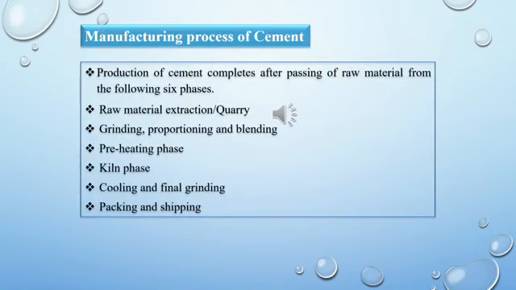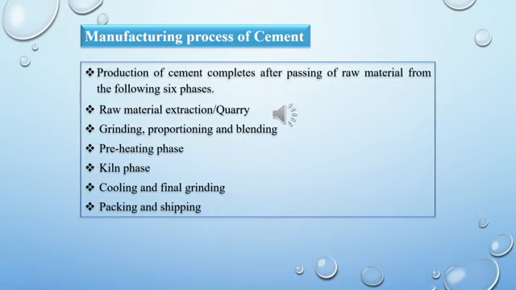Students, now our next topic is the manufacturing process of cement. In this process we will discuss different equipments which we have studied in the previous lecture. Now I will explain all of these steps one by one.